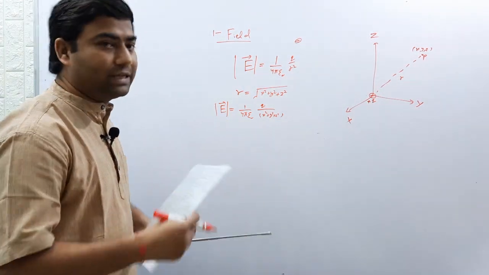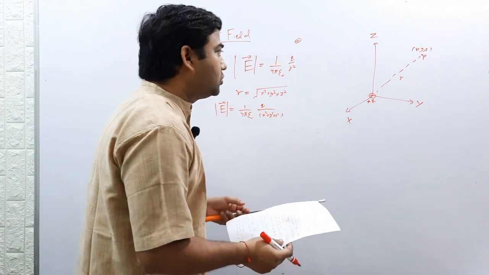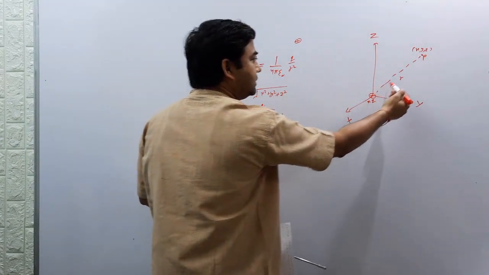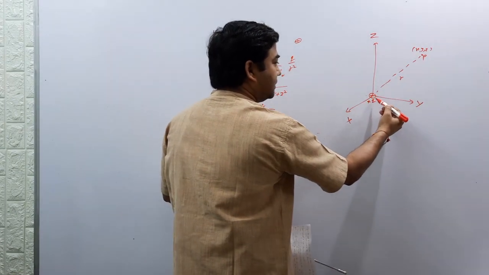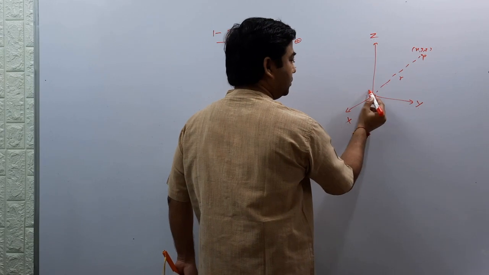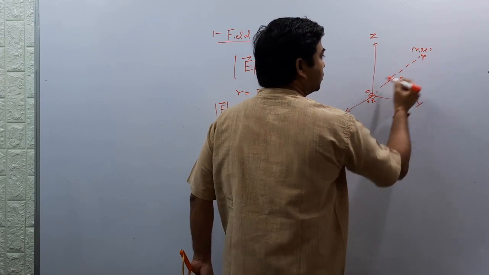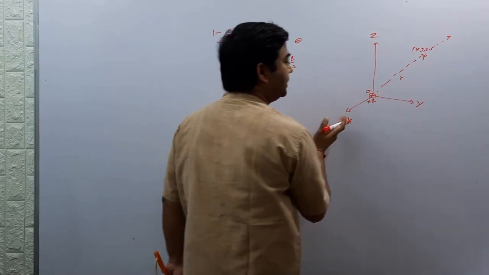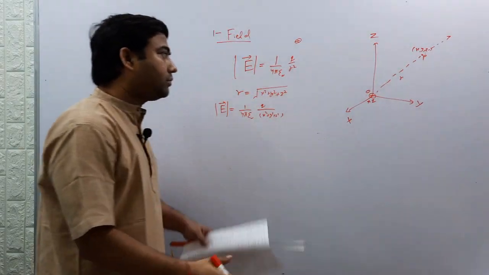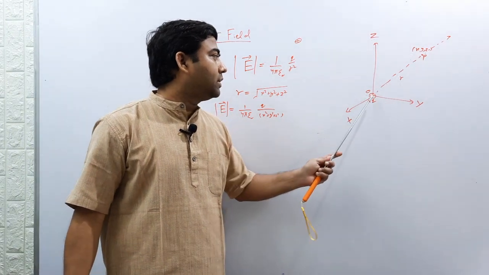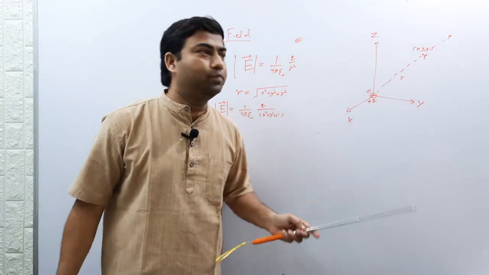Now we have to find the direction. You can see the direction of this field is outward. Let this point be O and this line be OP. So the direction of the field will be towards OP, outward, in the direction of vector OP.